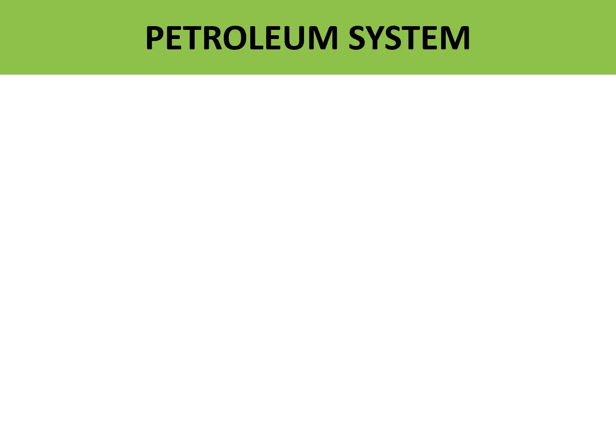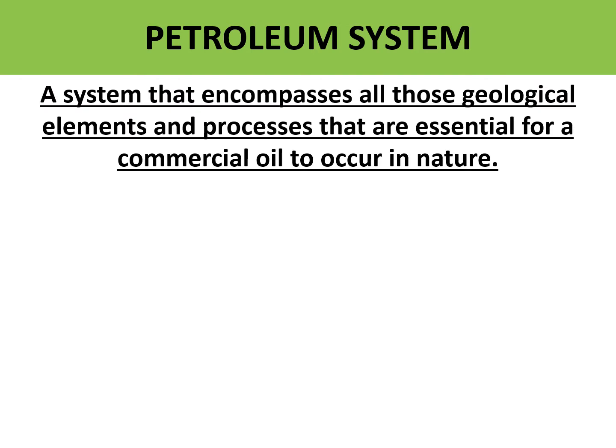So what is a petroleum system? A petroleum system here refers to a system that encompasses all those geological elements and processes that are essential for commercial oil to occur in nature. So I think if you are final year, you should be able to know all the elements and processes of a petroleum system.